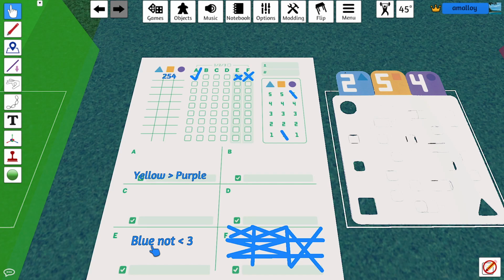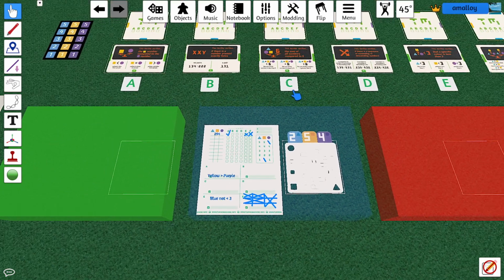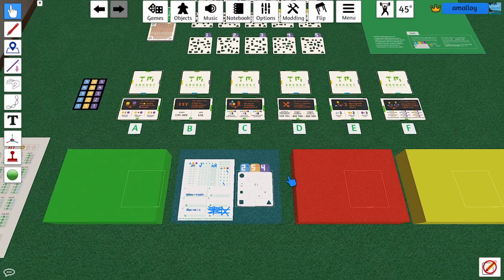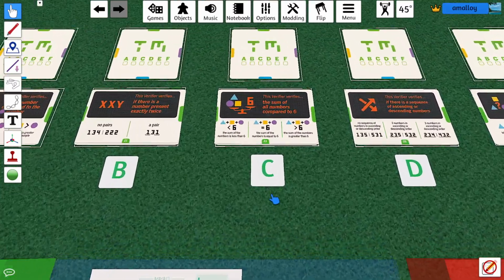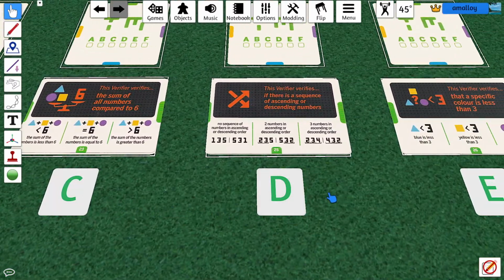I think I also could have learned something more useful from E, and then maybe I wouldn't have needed to ask A. I don't know. All right, so that's my first round. Not bad. Anything else happening here?